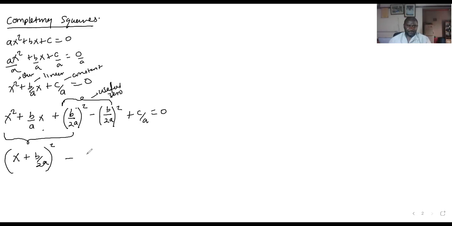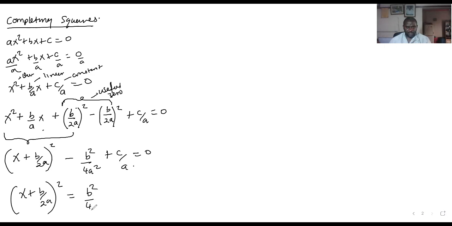Then minus b squared over 4a squared plus c out of a is equal to 0. Then you have x plus b out of 2a squared is actually equal to b squared over 4a squared minus c out of a.